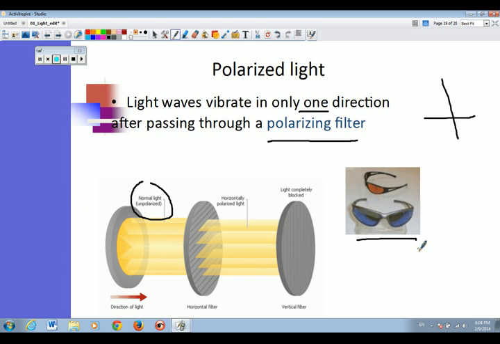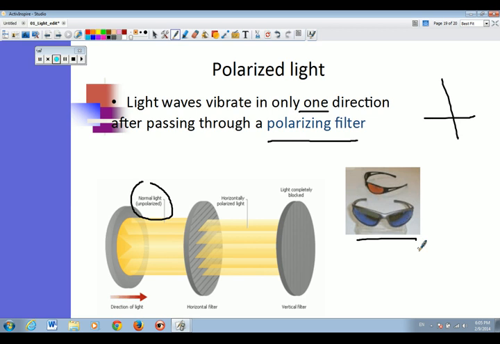Now, how do these sunglasses work? Polarized sunglasses work really well because when light bounces off, say, the hood of your car, when you're driving home and the sun is real low, or you're out on a boat or on a lake fishing at the end of the day, when that light gets low and reflects off a surface, it comes off polarized, and there's a whole lot of glare.